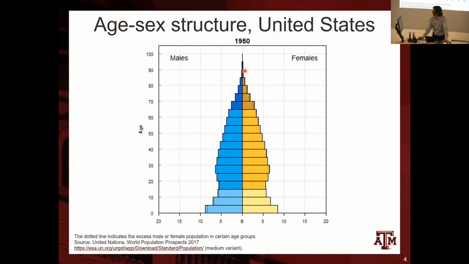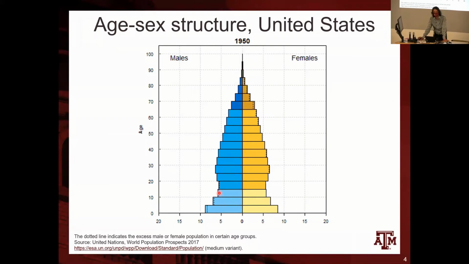One interesting thing about this graph, which not every age-sex structure graph shows, is that the first three bars are in a lighter tone than the ones above them, because these are the children, 0 to 4, 5 to 9, 10 to 14. Then you have the working age population from 15 to 64, and then the older people in an even darker tone from 65 plus.